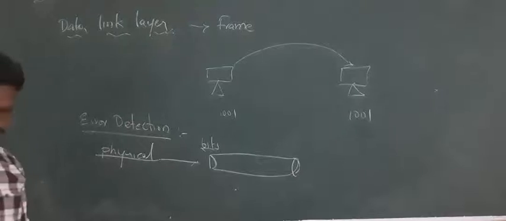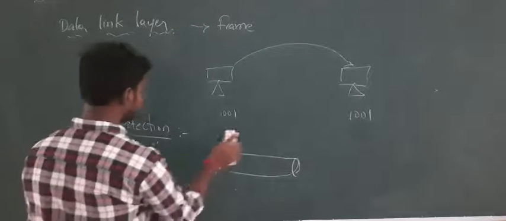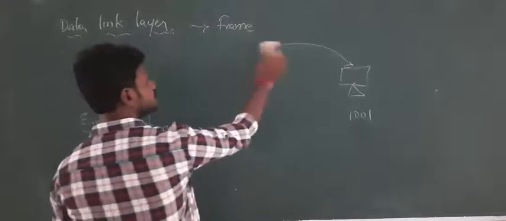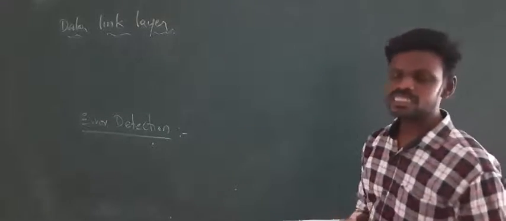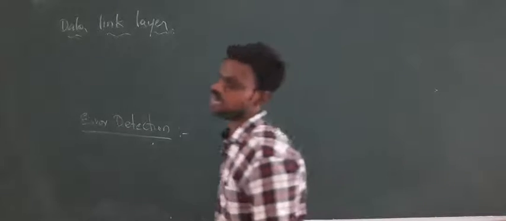In error detection, we will have different kinds of techniques. Without any errors, we should pass the data from one system to another. That is the reason we have a lot of techniques, and we will select the best technique for our data in order to avoid any interference.